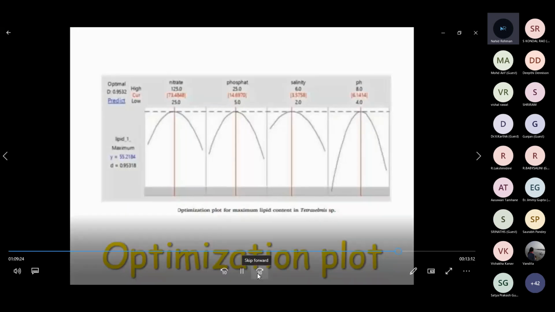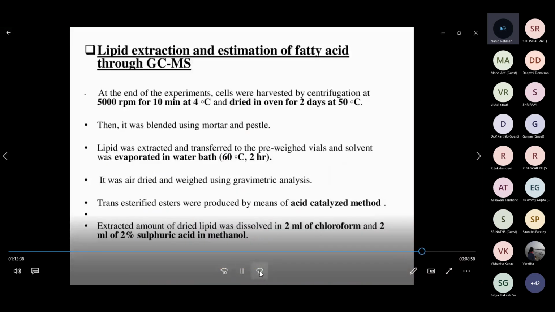So after this you get the response, and if that response is close to the predicted value, then you say that you have validated the model successfully by experiments also. So the validation is also a very important step for every model.